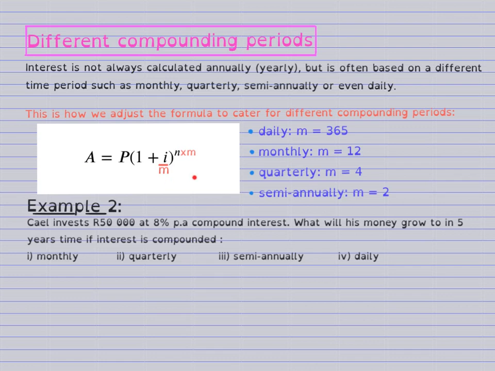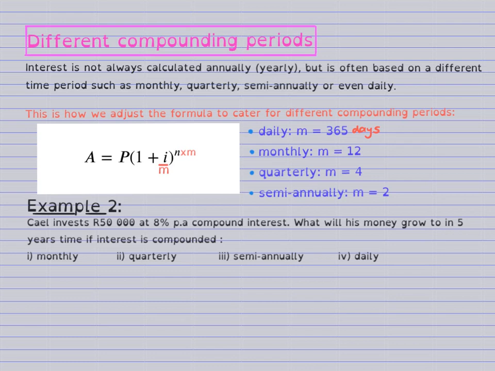It's exactly the same as what we've looked at, just that I've introduced this variable m, where m is going to represent how often you are earning interest. So when you're earning interest daily, m is 365, for your 365 days a year. Don't overthink it with leap years and stuff like that. If we say daily, it will be 365.